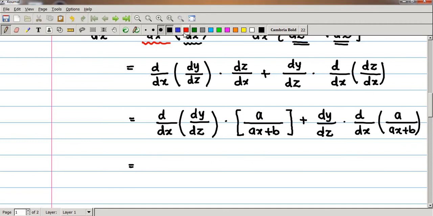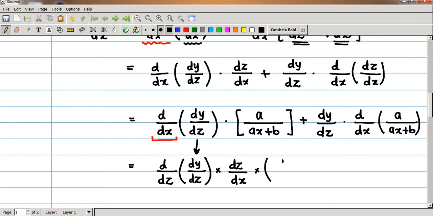Now we apply the chain rule for this derivative. We can rewrite it as the derivative with respect to z into dz by dx. Now we take the derivative of this function, so dy by dz into a upon ax plus b is kept as it is. So we are applying the chain rule for this derivative term only.